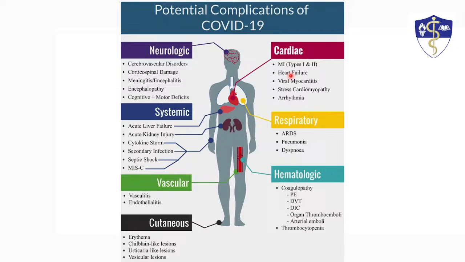But it can cause it. It could be due to viral myocarditis. The mechanism is not so clear, but these are almost every organ system. ARDS, pneumonia, dyspnea. Diarrhea is not listed, but gastroenteritis can be found.